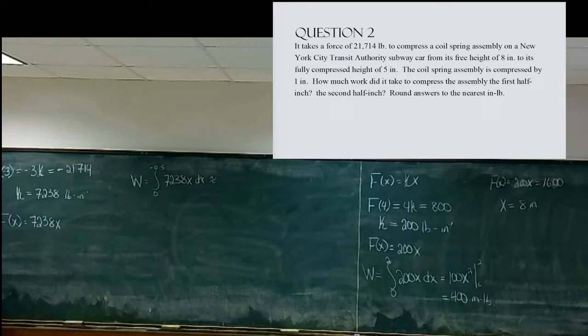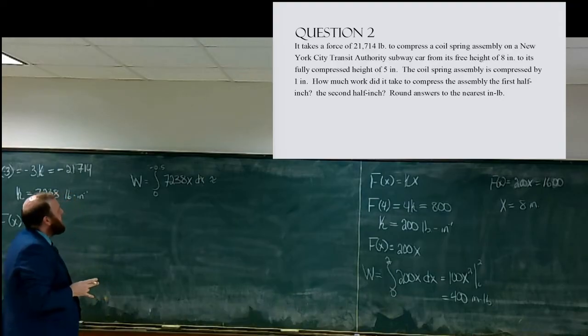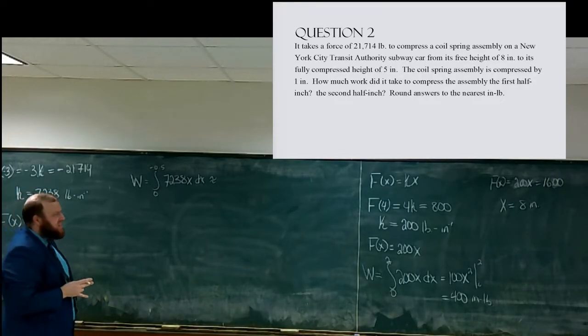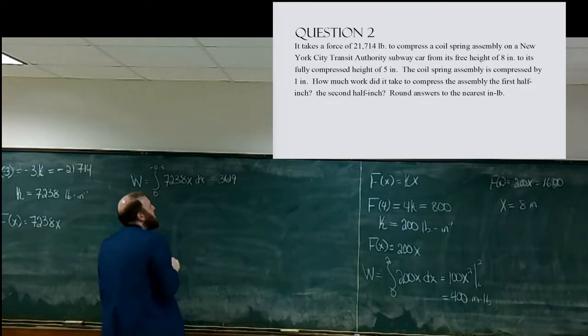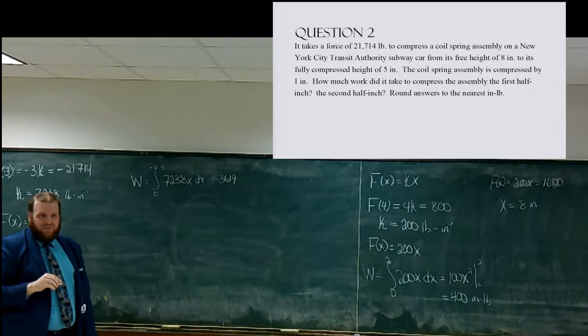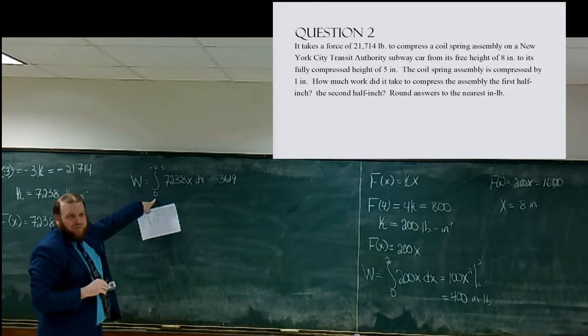It'll be 7238 over 2 x squared. 3619, yeah. That's 0, it's just 0.